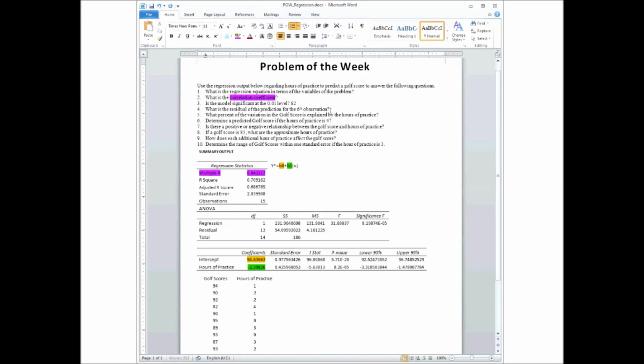So in actuality, it is 0.000082, which is a lot less than 0.01. So yes, it is significant at a 0.01 level. At this time, you can go ahead and try to finish the other questions, 4 through 10, pause the video and see how you do, and then I will show you the answer key.